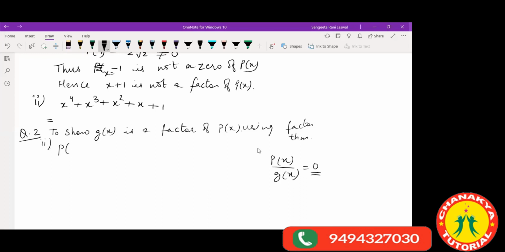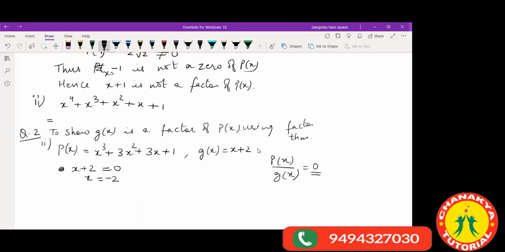Here we have 3 parts. I'm taking the second one; the remaining ones I would like you to try. x cube plus 3x square plus 3x plus 1, and g(x) is given to be x plus 2. Now x plus 2 means what will be the value of x?